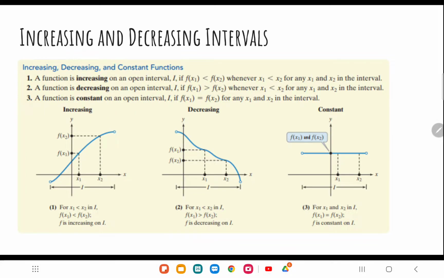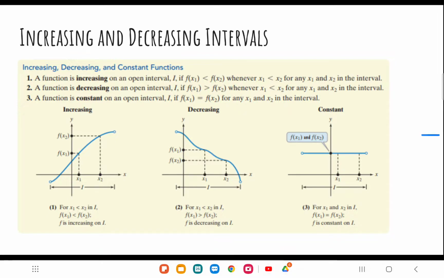As the x's increase, the y values or the function outputs increase. It is decreasing on an interval if the x values increase but the output values decrease. And the function is constant if f of x1 and f of x2 are equal for any x1 and x2 in the interval.